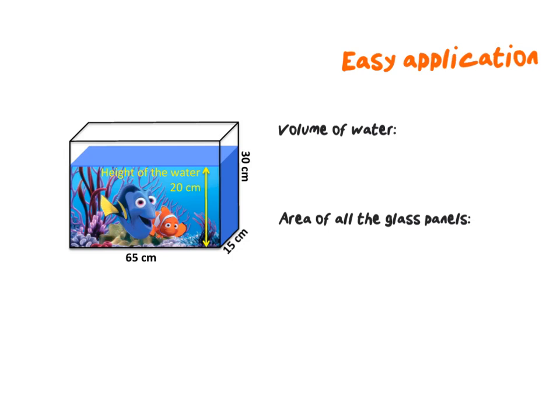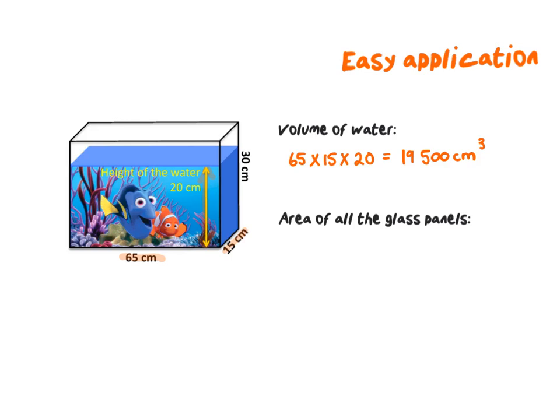So the 3 dimensions I need to look at in this example is the length of 65, the width of 15, and the depth here of 20. So let's write that down. 65 times 15 times 20. And that gives me a volume of 19,500 centimeters cubed, because this is volume.